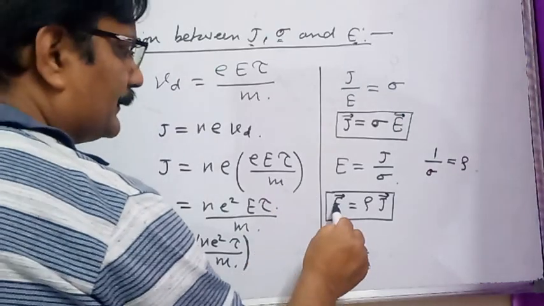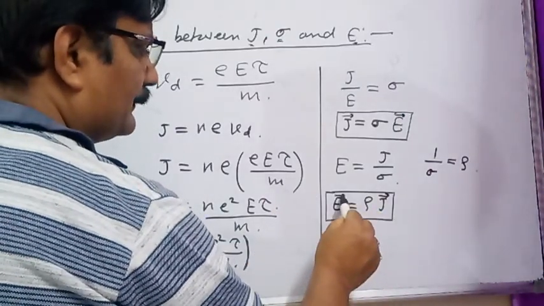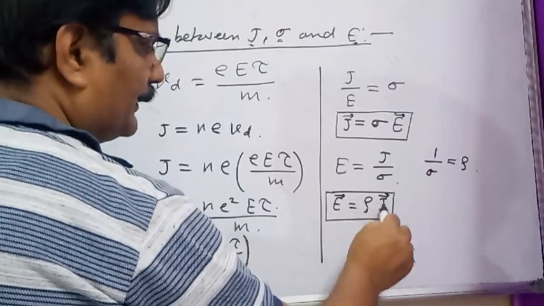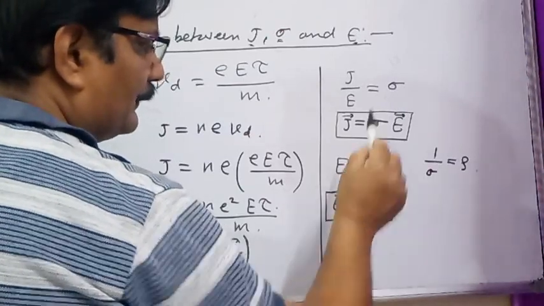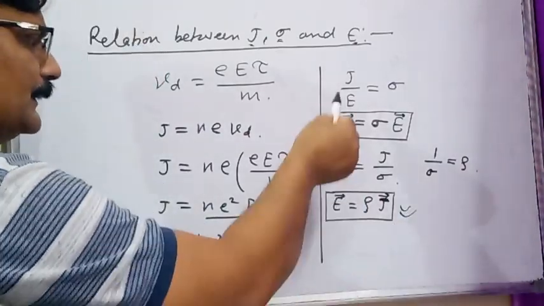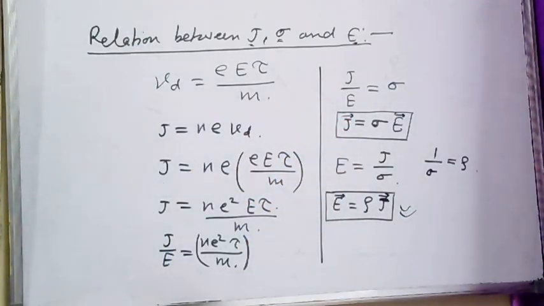So what is going to be the relation between electric field and current density? Electric field vector E is equal to resistivity rho multiplied by current density vector of that material. So these are the relations between different quantities related to charge flow through a conductor.